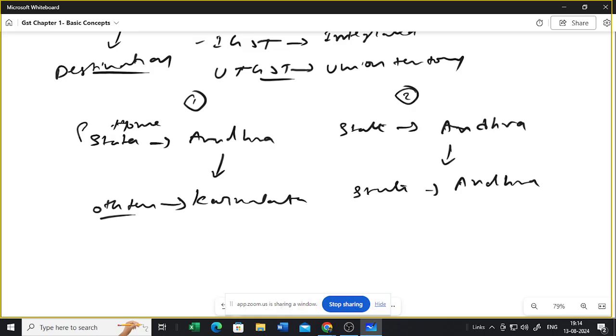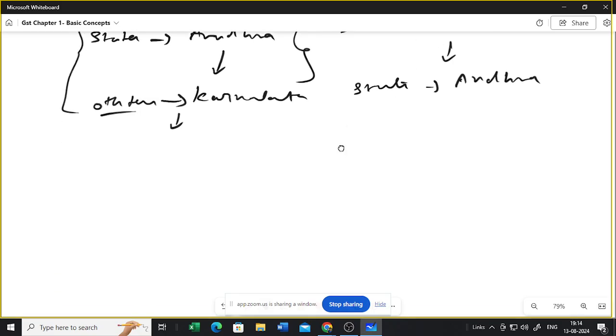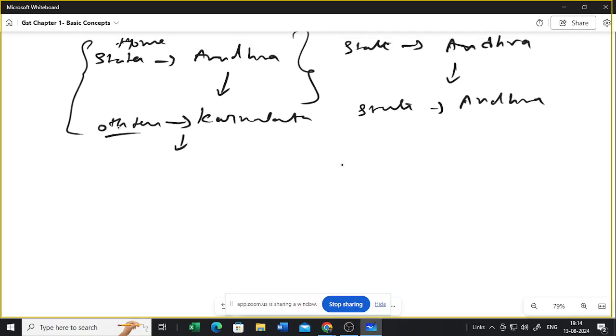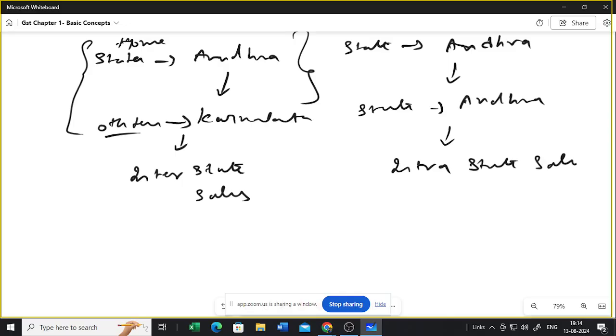When we are selling the goods to the other state, we call this scenario, clearly listen, interstate sales. Here we call this intra-state sales. Even purchases are the same thing. When we are purchasing from the other state, we call those purchases interstate purchases.